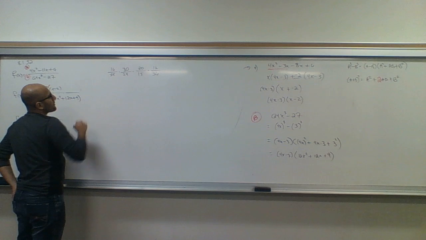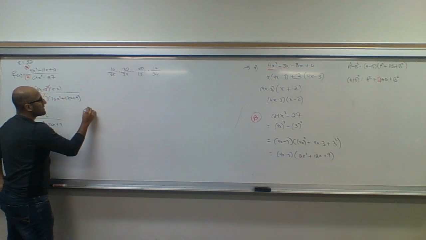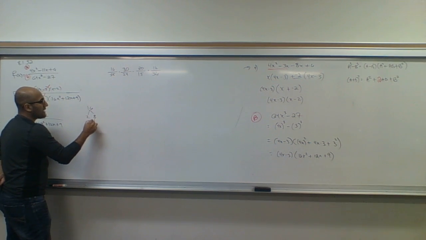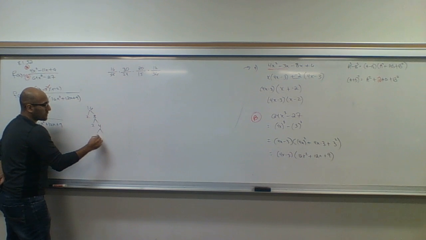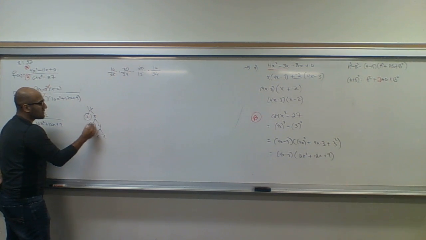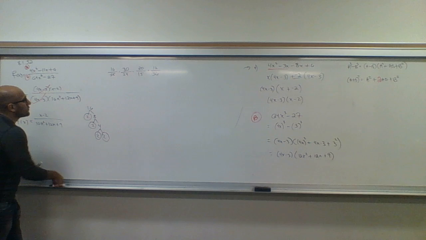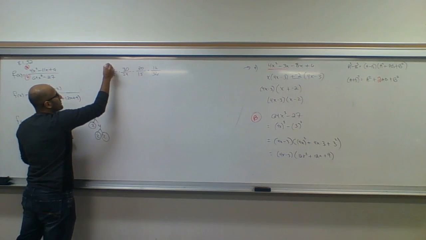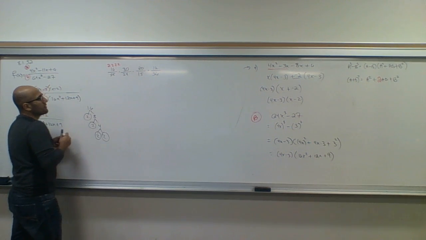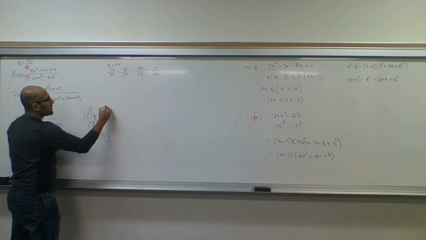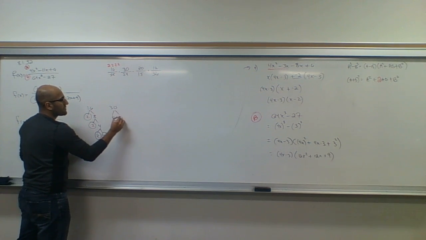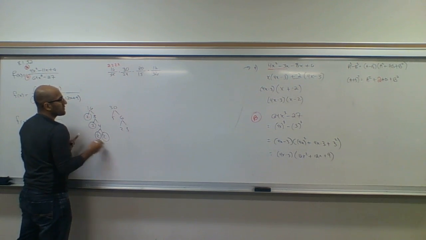So that's what we're going to do here. Let's find the prime factorization of all of these. The 16, for example, is really a 2 times an 8, which is really a 2 times a 4, which is really a 2 times a 2. So the 16 is really 4 copies of 2. I can rewrite this as 2 times 2 times 2 times 2. The 30 is really a 5 times a 6, which is really a 2 times a 3.